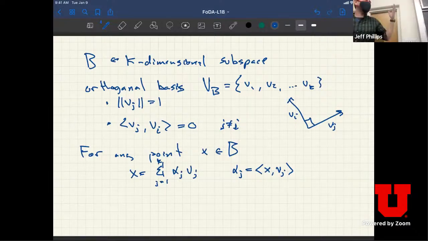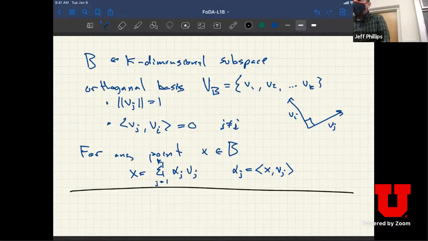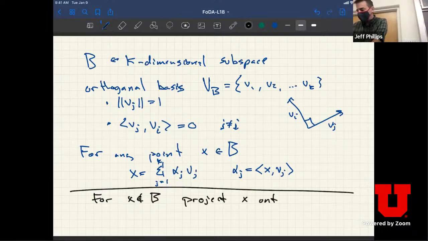Okay, so now the question is, what do I do for a point that's in R^D that doesn't happen to lie in this special subspace? That's going to be this projection. So for x not in B, I can project x onto B, which I'll write as pi of B of x, where x is a point in R^D.